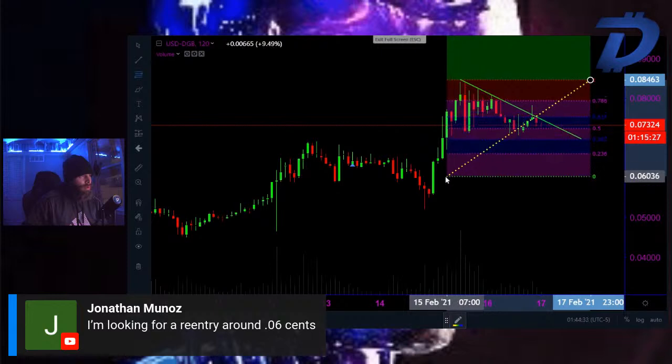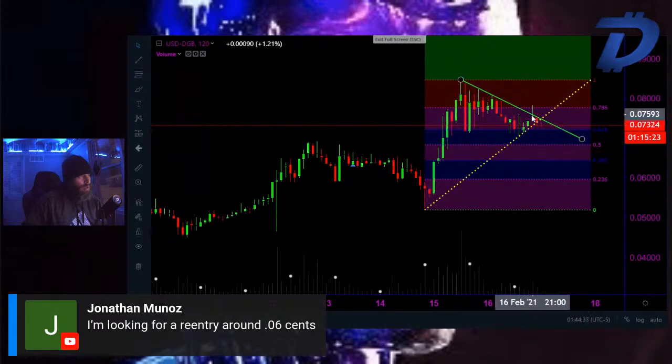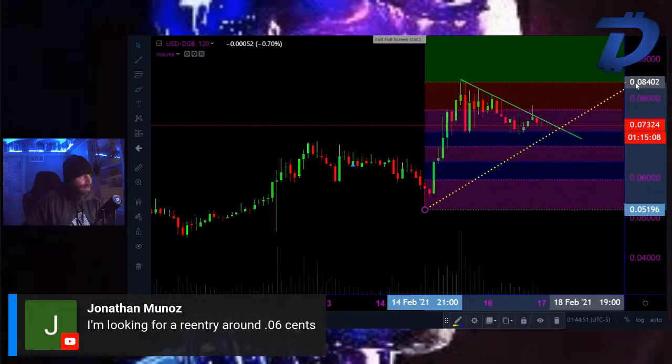If DigiByte gets rejected and falls into this zone over here, and if no one buys here, right? If no one's buying here, because there's a good chance that it could swing up from here if that trend actually looks like this, right?